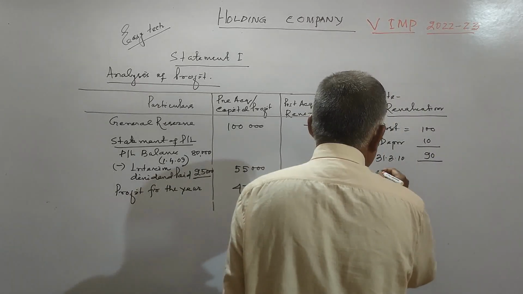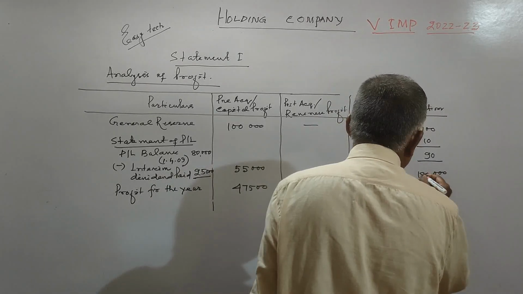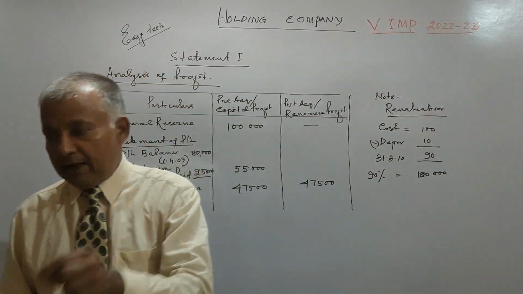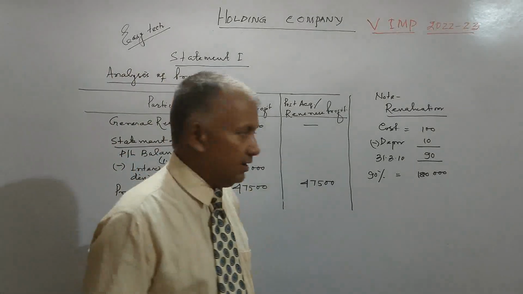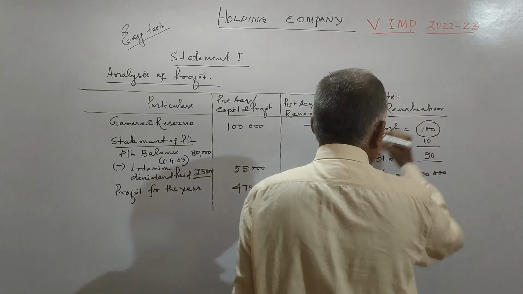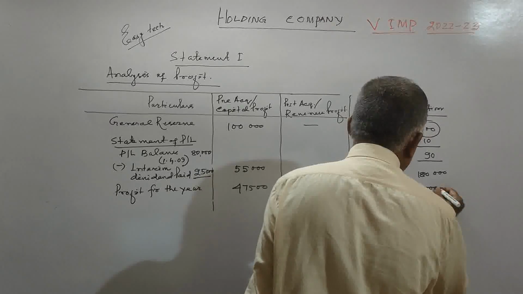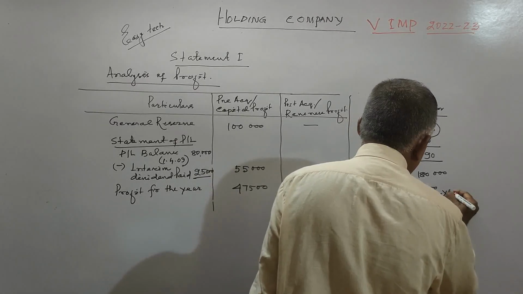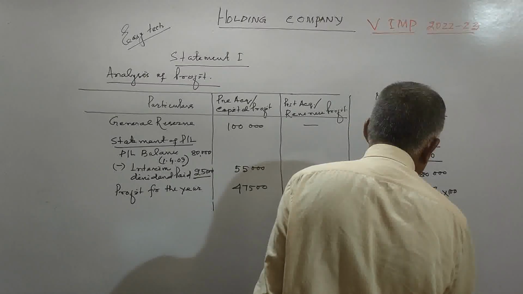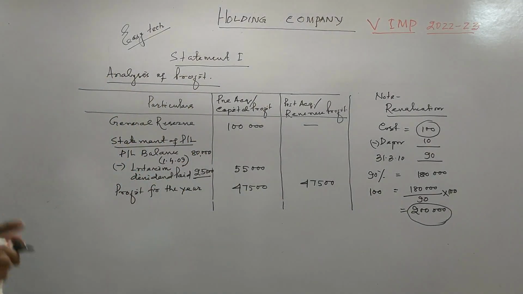So 90% is equal to 1,80,000. This is the plant and machinery after depreciation given in your balance sheet of S Limited. Please refer to the balance sheet. And cost is 100. So how to find out 100? 1,80,000 divided by 90 into 100. It comes to 2 lakh. So plant and machinery was 2 lakh at the beginning of the year.